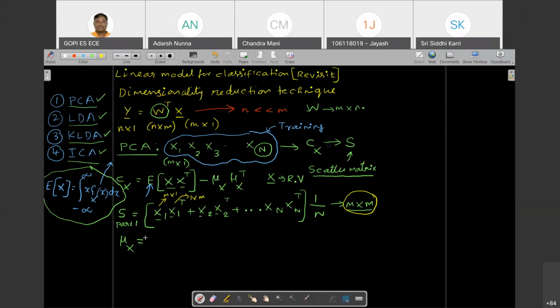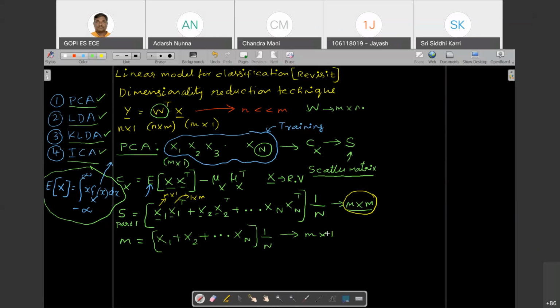How do we estimate this? I'm talking about these things as estimates, so that is very important. The mean estimate is x1 plus x2 and so on, the average 1 by n, and that is m, which is m cross 1.